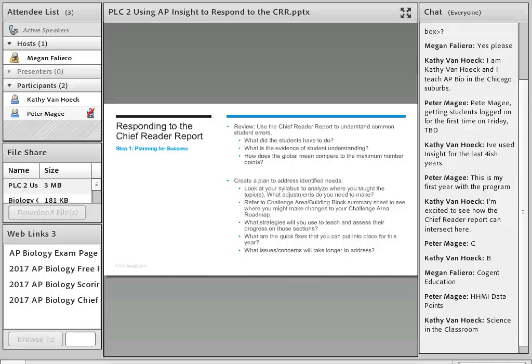And then, how are you going to adjust for that? Going back to what Peter said earlier, you look at your own IPR report based off of how your kids do, and then at the chief reader report, and decide how you are going to make adjustments to your syllabus and planning this year based off of how your kids did last year.